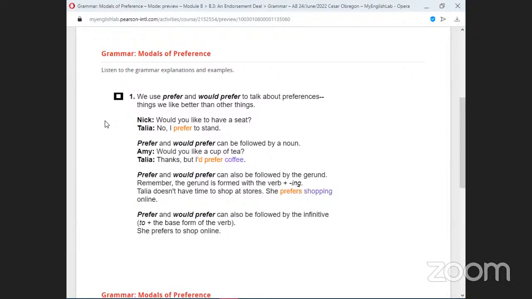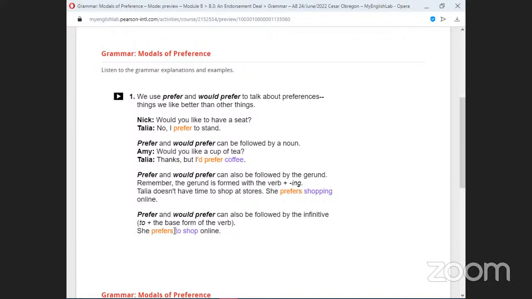Prefer and would prefer can also be followed by the infinitive, to, plus the base form of the verb. She prefers to shop online. In this case, the last option, we conjugate.